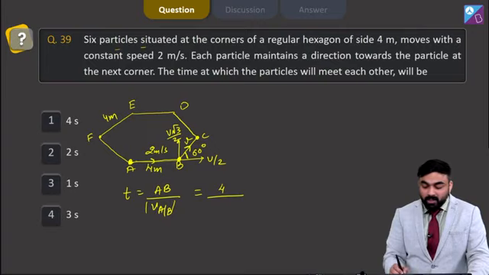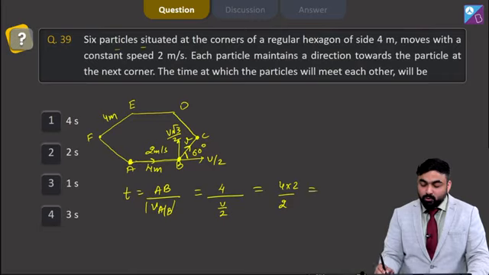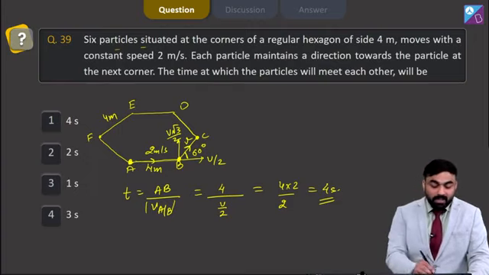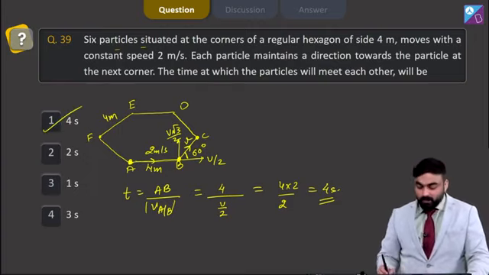Therefore, the velocity here will be V by 2. Clear? So this will be 4 into 2 by 2, that is 4 seconds, the time taken by the particles to meet each other. So our correct answer is option number 1.